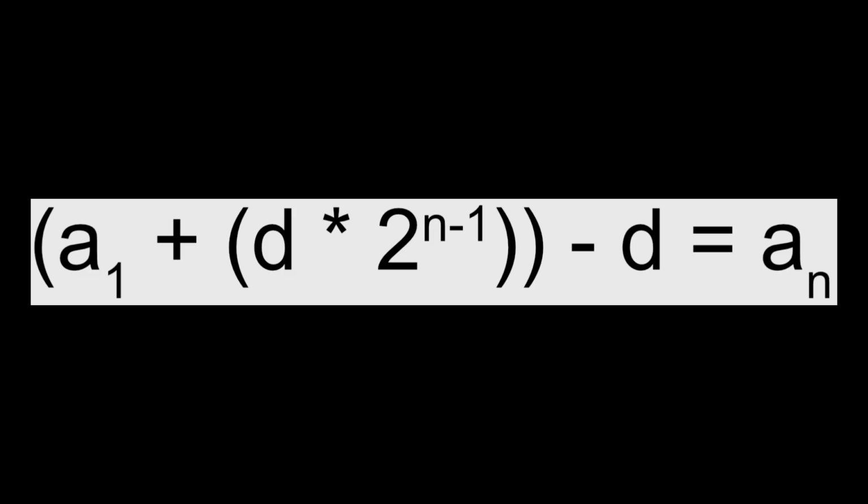So in this case, it'll be (1 + (0.4) times 2 to the 6th power), because it's 7 minus 1, and then minus 0.4, and that should equal the 7th term.